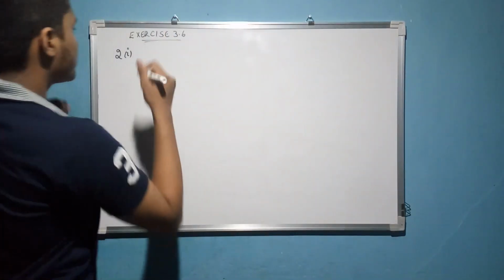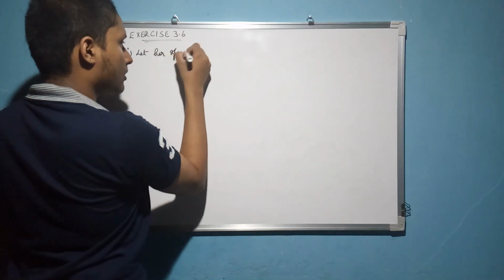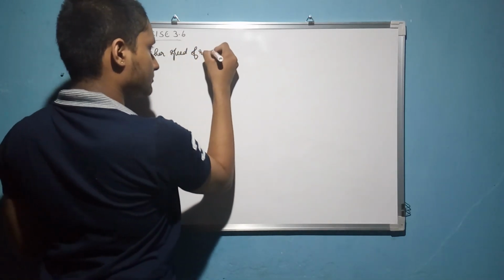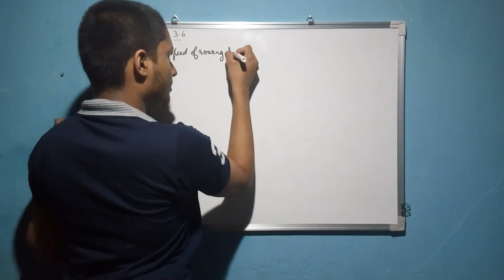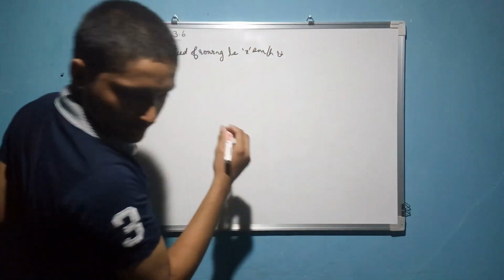The question is, Ritu can row downstream 20 km in 2 hours and upstream 4 km in 2 hours. Find her speed of rowing in still water and the speed of the current. Okay, let her speed of rowing be x km per hour, and it's given in kilometers per hour, right?